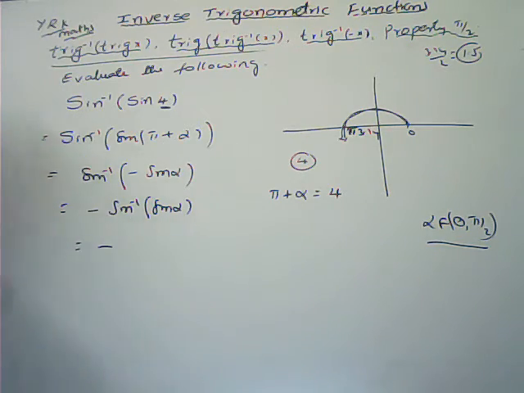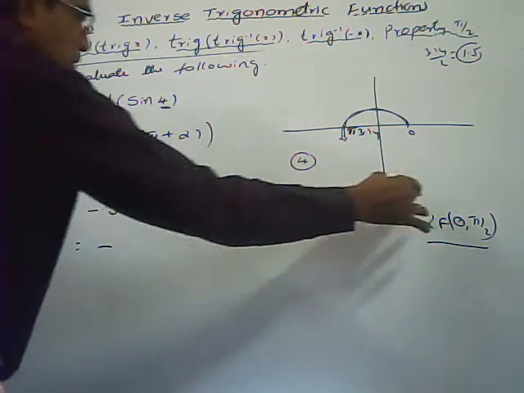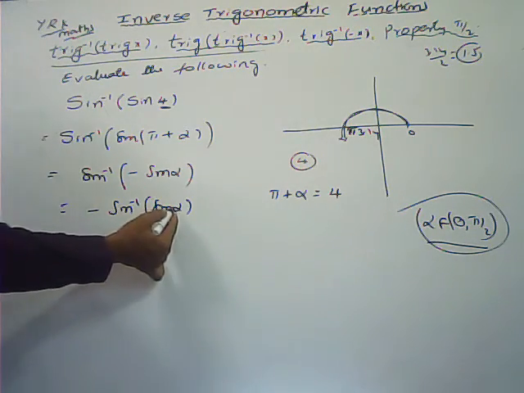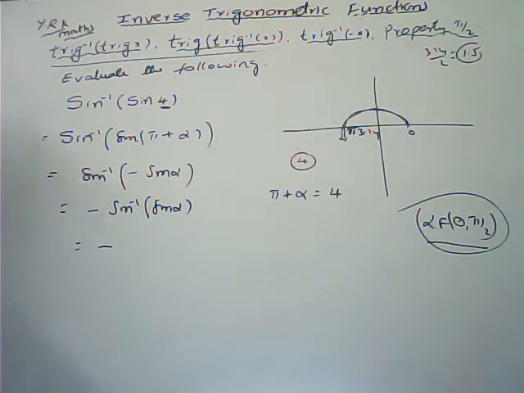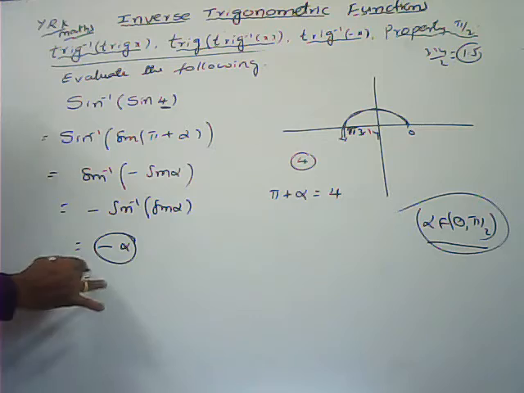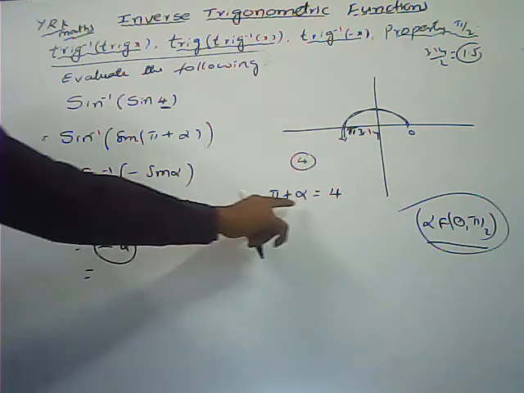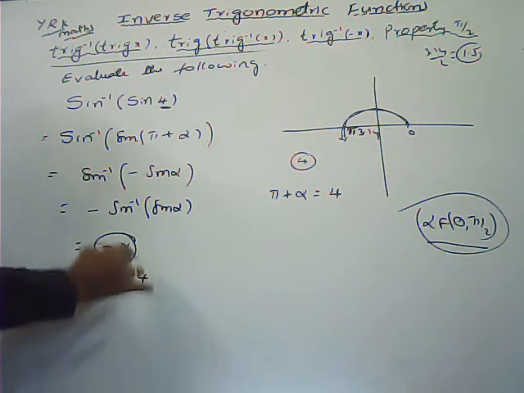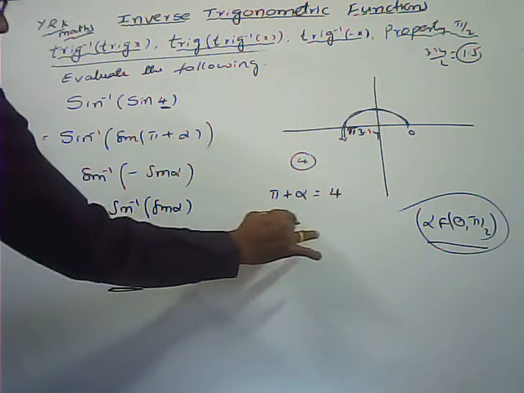That is equal to minus. Here already I told you alpha, the acute angle, belongs to 0 to pi by 2. If it belongs to 0 to pi by 2, then sine inverse of sine alpha we can write alpha only. Here minus alpha we got. If I make minus alpha the subject, that is equal to pi minus 4. Here pi minus 4 is equal to minus alpha.